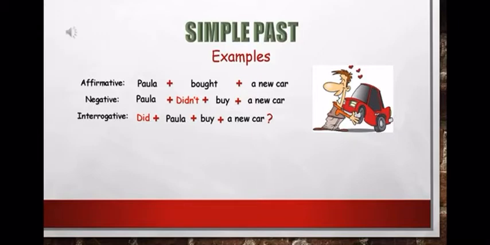In the interrogative sentence, did is the auxiliary, Paula is the subject, buy is the verb in present, and a new car is the complement.